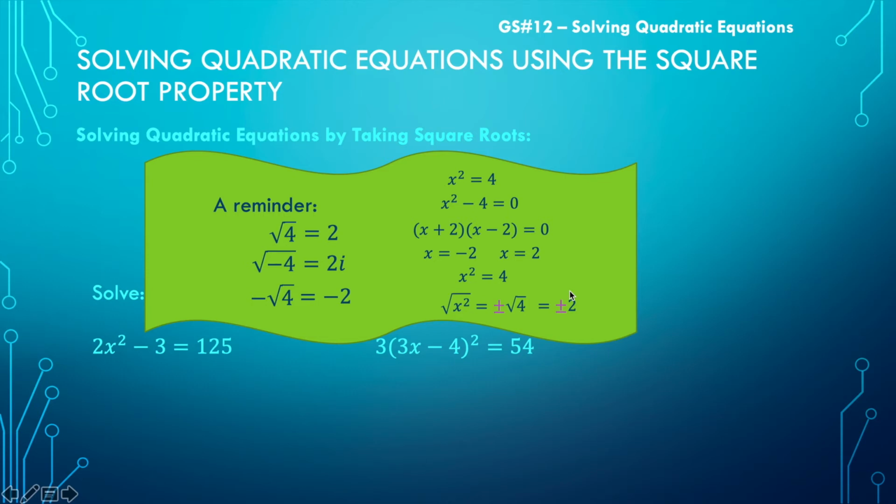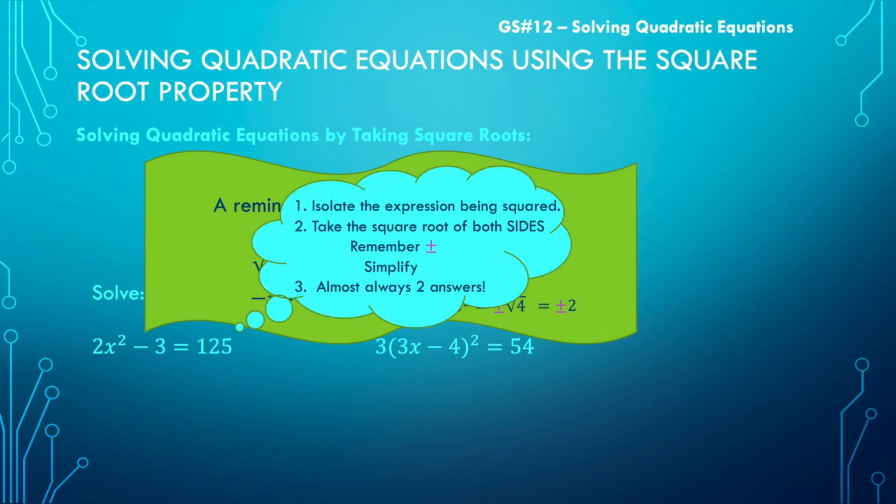All right, so down below here we've got 2 examples of equations that can be solved using the square root property. And to solve them, it's not really that difficult. There's more than one way to solve these kinds of equations, but we are focusing on using the square root property in this video.